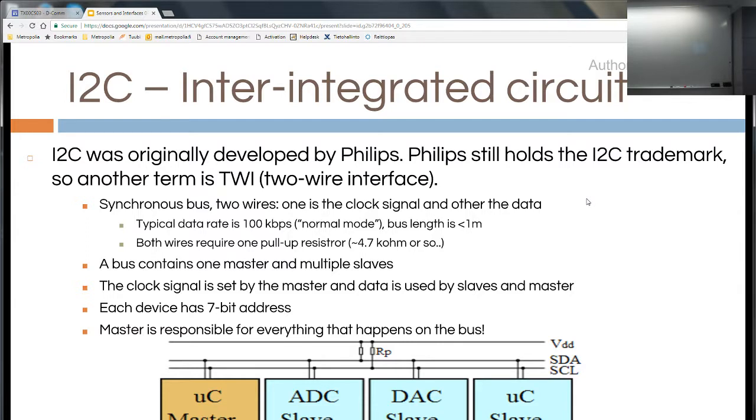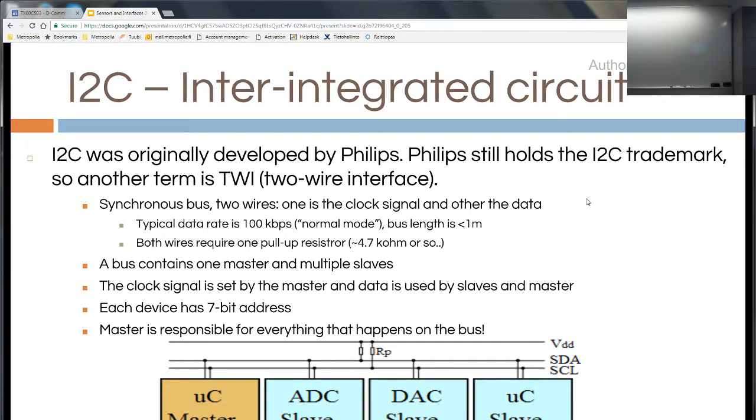Then there are 2 standard data rates, 100 kilobits per second and 400 kilobits per second. Anything other than that would be, say, a 2-wire bus, which can be anything. Okay, and when it's designed between 2 integrated circuits, it means that the bus length is relatively short. So it's not between the boards, it's inside of one single circuit board.